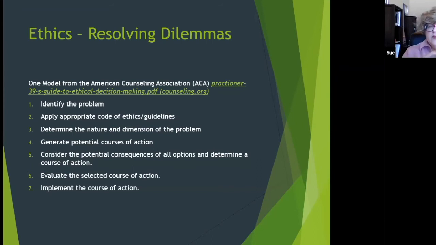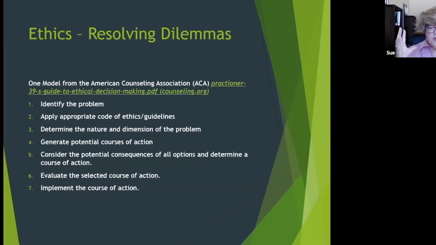Consequences. Every course of action is going to have a consequence, right? So what are the consequences that I really should be considering as I think about what this option might entail, and this option might entail, and this option might entail. And for a lot of people, since this can get difficult, being able to have some means and process for you to kind of sort through all of the different pieces.